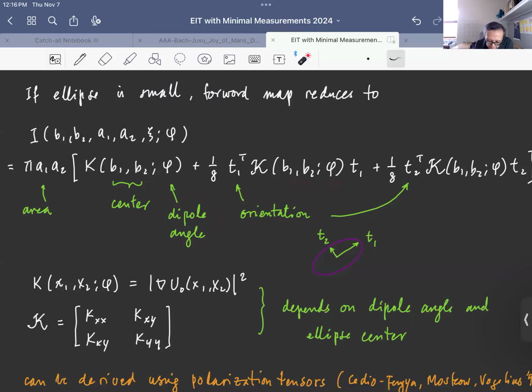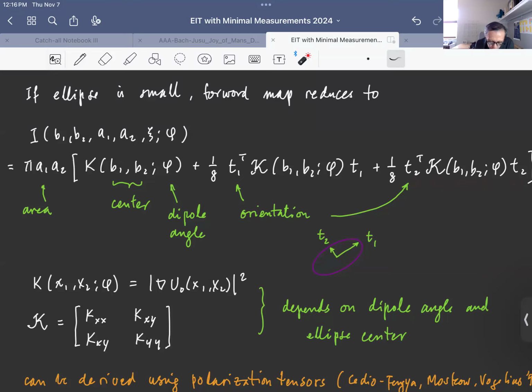If you think of the ellipse as being represented by the vectors T1 and T2, then you have the following quadratic form: T1 transpose times the matrix K times T1, plus the next term, T2 transpose K times T2.